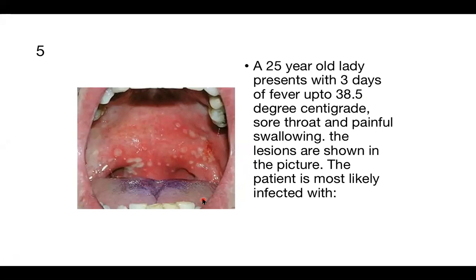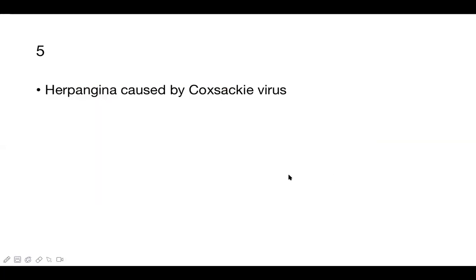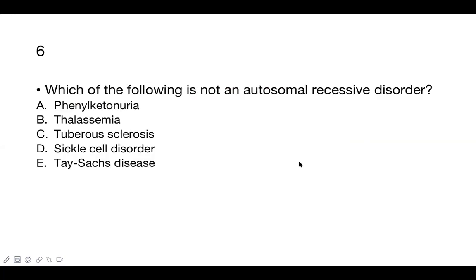So there's a slight difference in which part of the oral cavity is affected. So treatment is symptomatic and supportive. So this is Herpangina caused by Coxsackie virus. Okay, let's go to number 6.